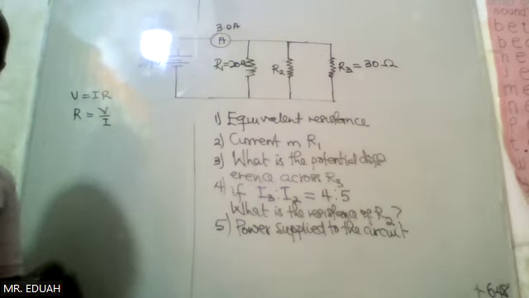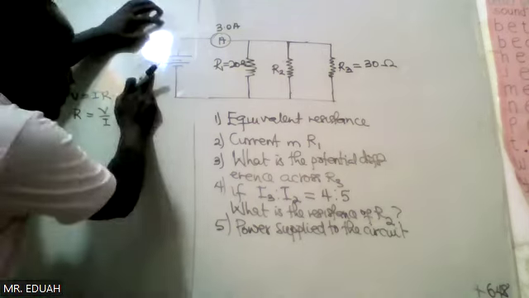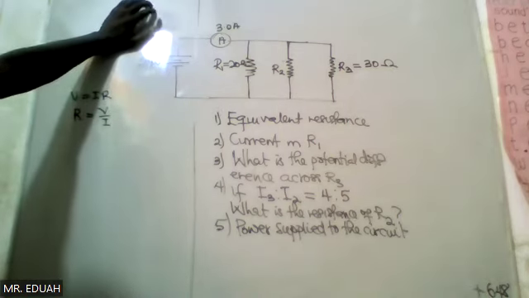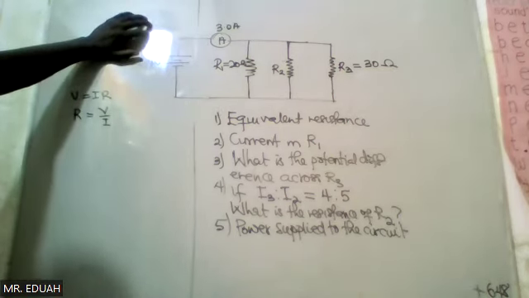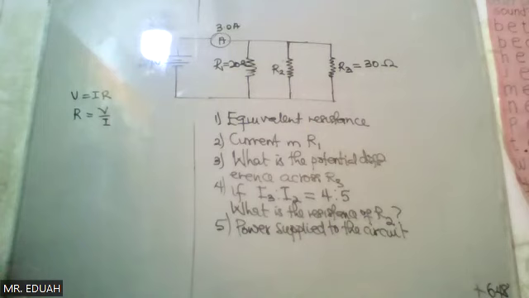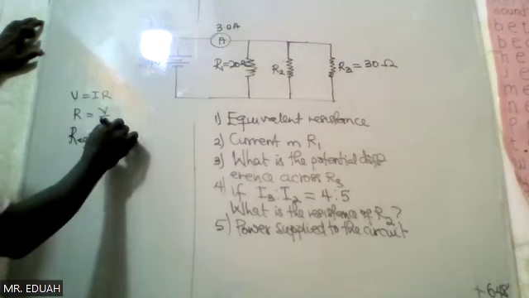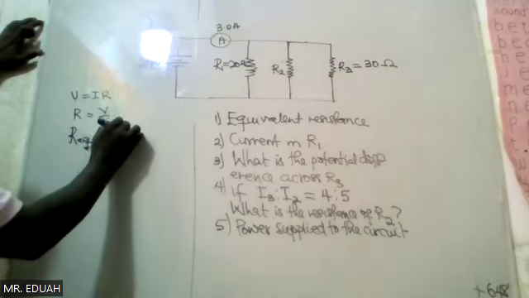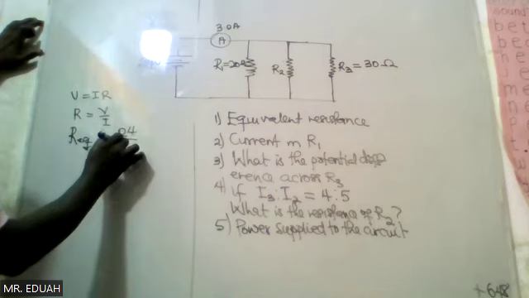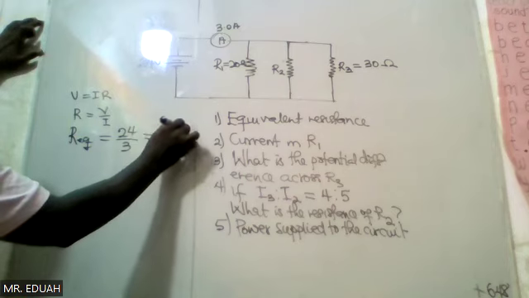Are you getting where she's coming from? Yes. So we are looking for the total resistance. We have the EMF of the source, which is 24. We have the total current in the circuit. So our R equivalent will be equal to the total voltage, which is 24 divided by 3, and that will be 8.0 ohm.